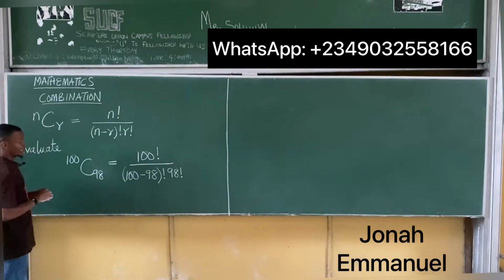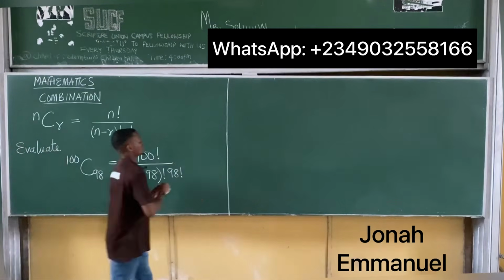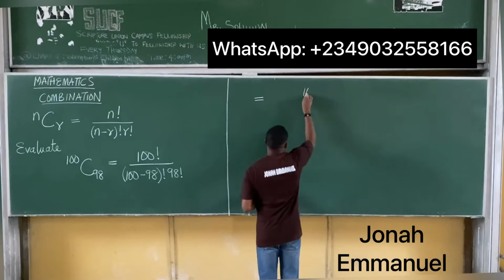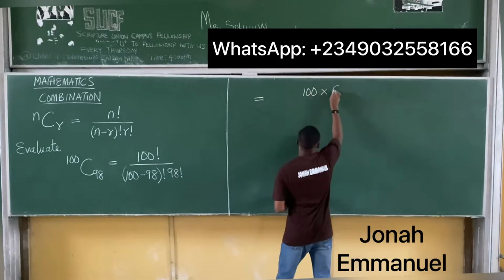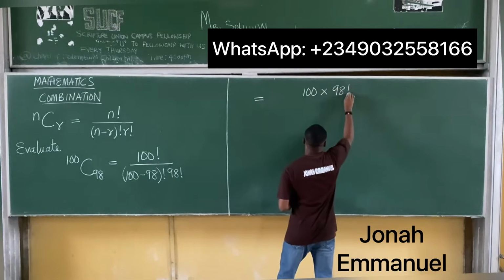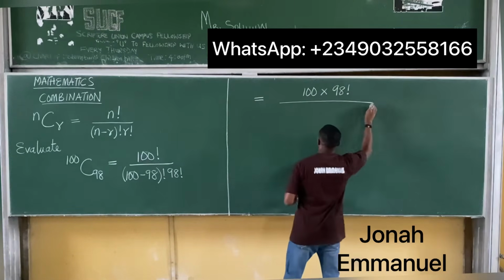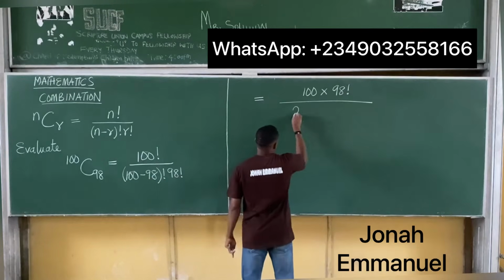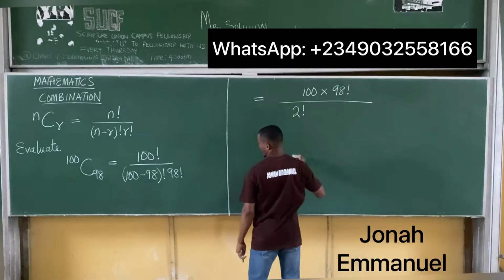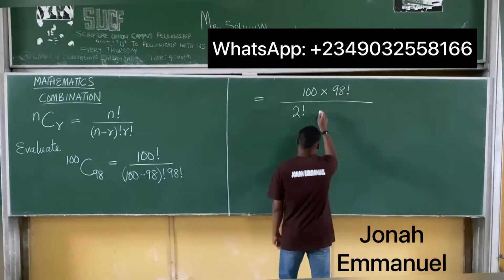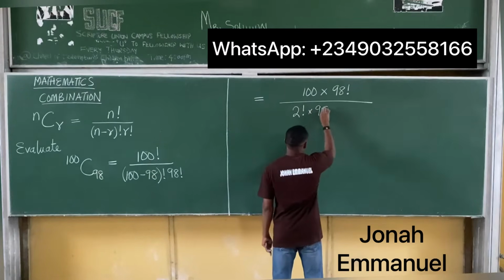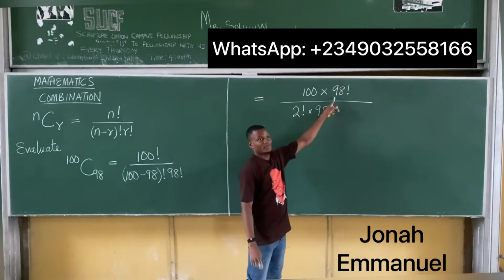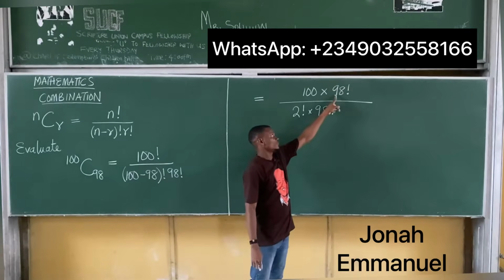If I should work on this now, 100 factorial is the same thing as 100 times 98 factorial, all over 100 minus 98 gives you 2 factorial, times 98 factorial. So I stopped here because I'm expecting that this value will cancel this.